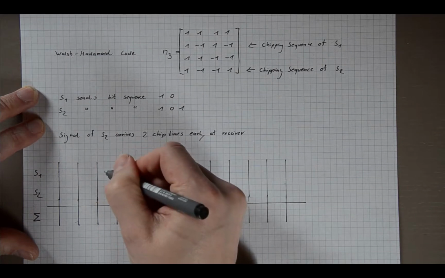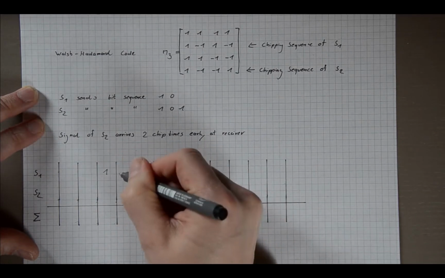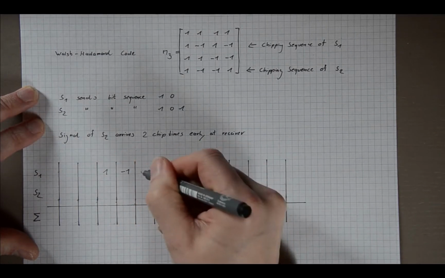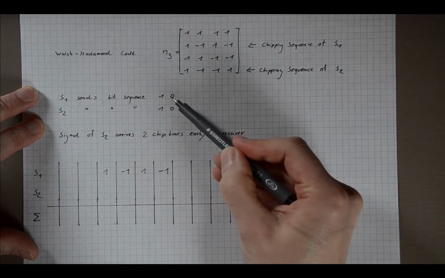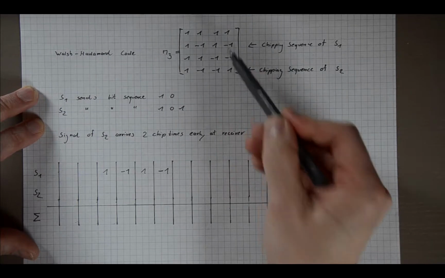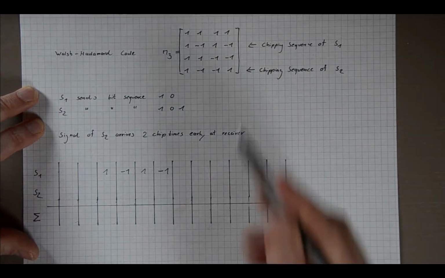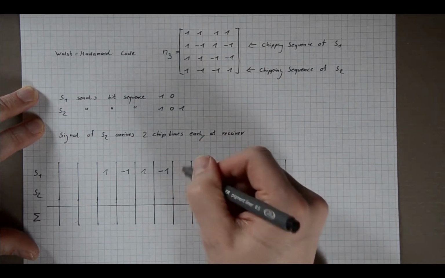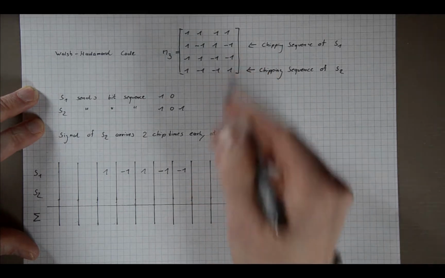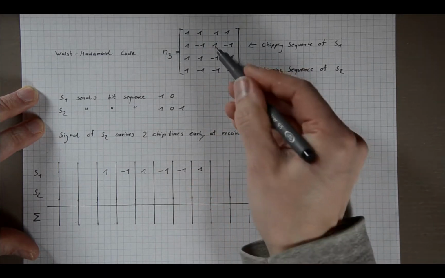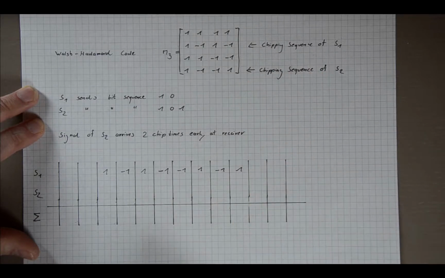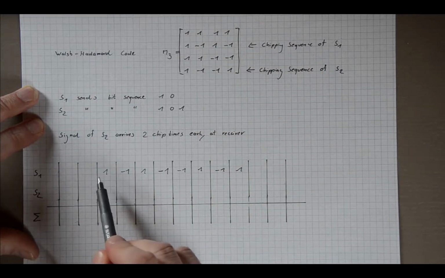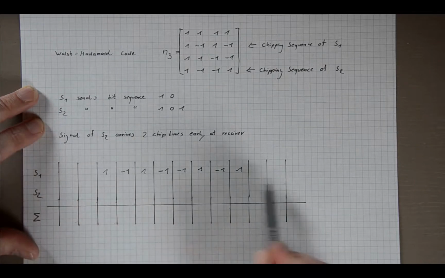The next bit to send is a 0, so we have to invert the chip sequence. So this would then be -1, 1, -1, and another 1. This is basically the chipping sequence that S1 is sending.